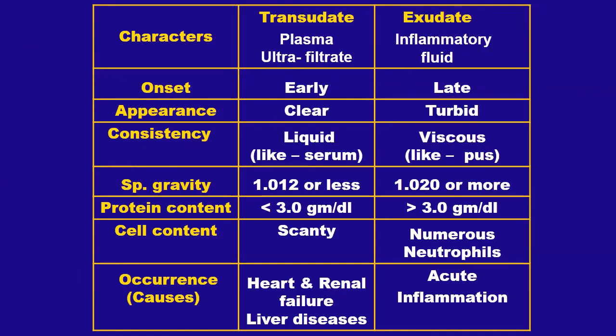This table shows the differences between transudate and exudate. Transudate is plasma ultrafiltrate with early accumulation, while exudate is an inflammatory fluid with late accumulation. Transudate is clear in appearance, while exudate is turbid. Transudate is liquid, like serum, in consistency, while exudate is viscous, like pus.